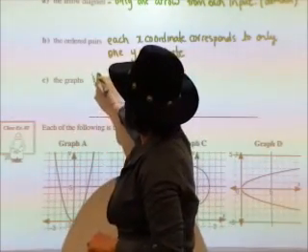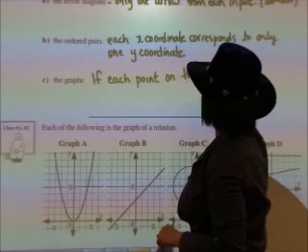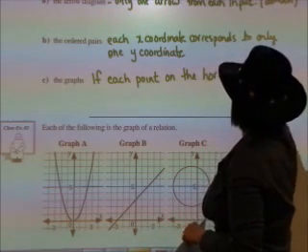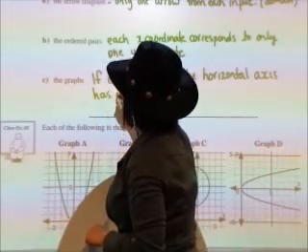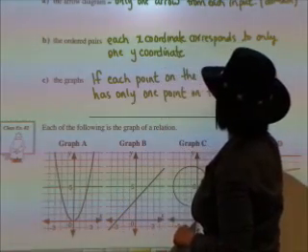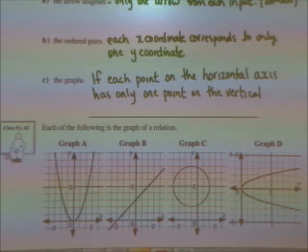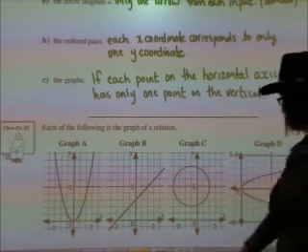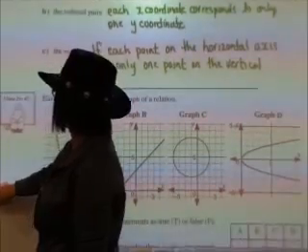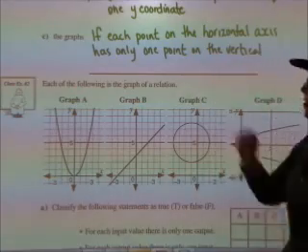I could say if each point on the horizontal axis has only one point on the vertical.